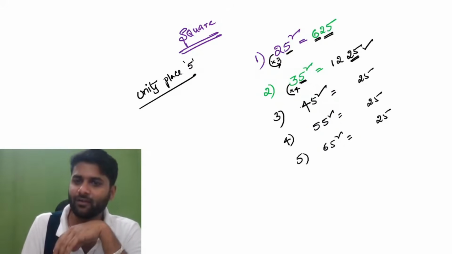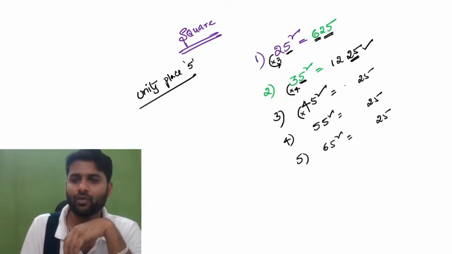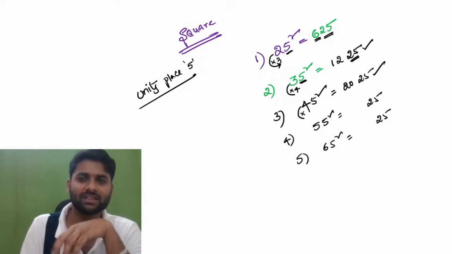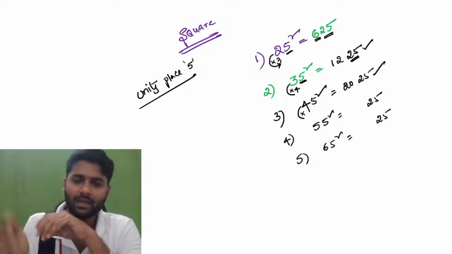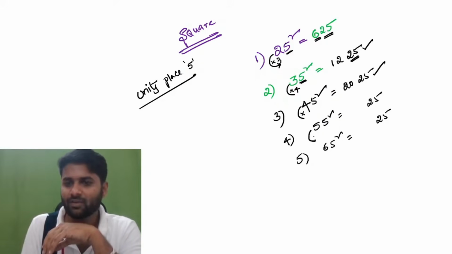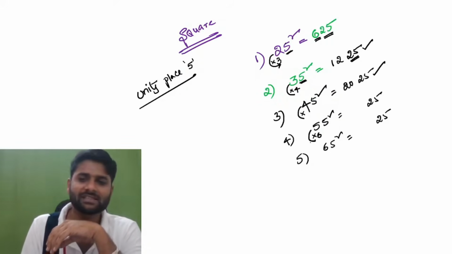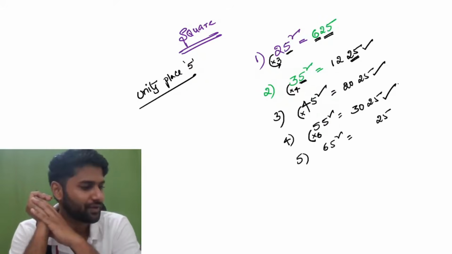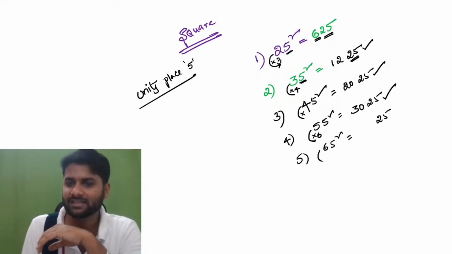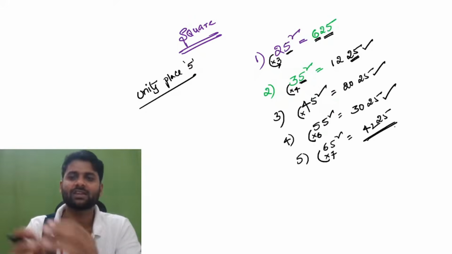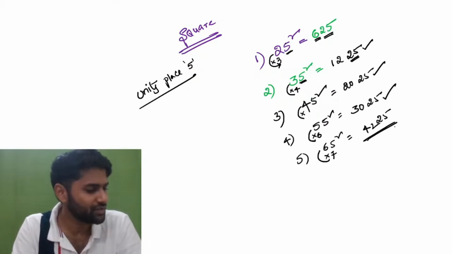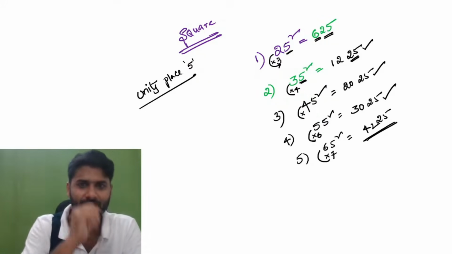In the same way, 45 square: the next number after 4 is 5. 4 into 5 is 20, so the answer is 2025. Same way, 55 square: 5 multiplied by 6 is 30, then the result becomes 3025. In the same way, 65 square: 6 into 7 is 42, so 65 square is equal to 4225. So is it clear?